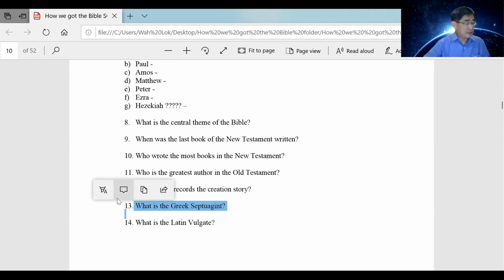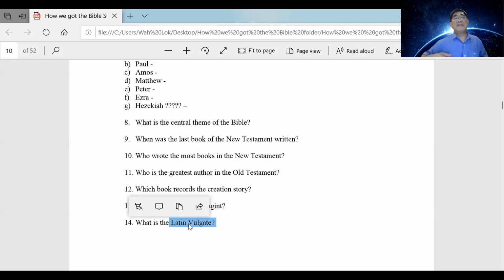And question 14, what is the Latin Vulgate? The answer is the Latin Vulgate is the Latin Bible translated from the Greek Bible. Remember, the Greek Bible came from the Septuagint, and the New Testament was written in Greek.